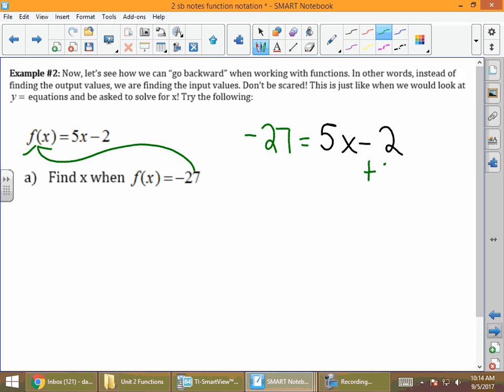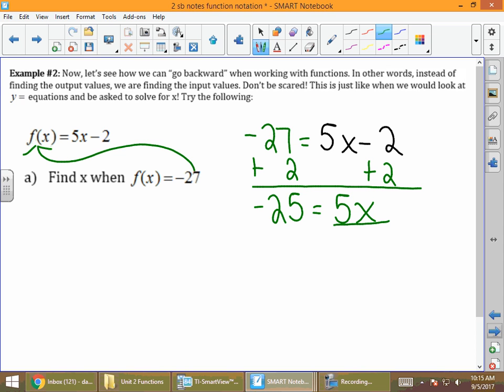And in order to do that, we're going to add 2 to both sides. And we have negative 25 equals 5x. It's 5 times x. The inverse operation is to divide by 5.